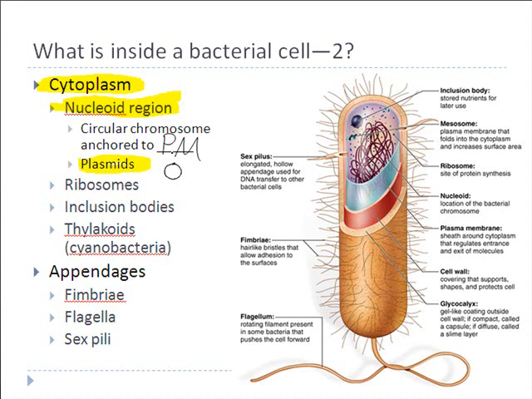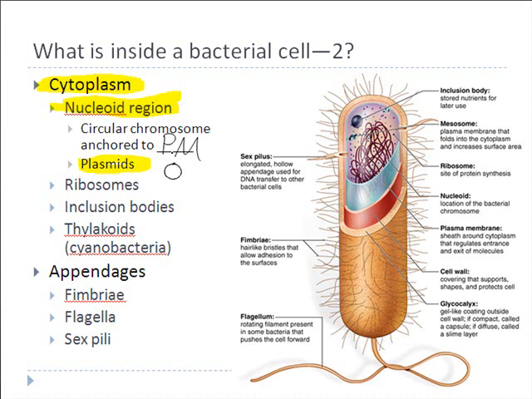Other bacteria might have plasmids that make them resistant to erythromycin or another type of antibiotic. And it turns out bacterial cells can actually trade plasmids with one another so that they can impart new abilities onto neighboring bacterial cells. And this has contributed to some degree to the increased antibiotic resistance we see today.